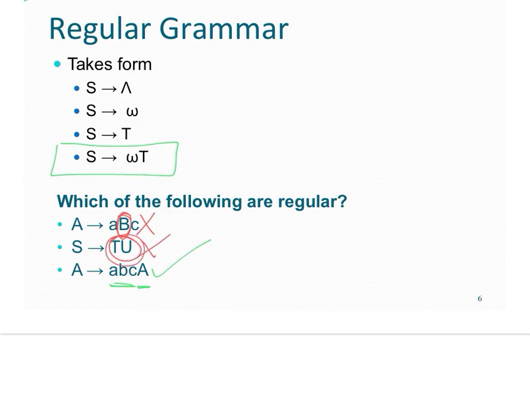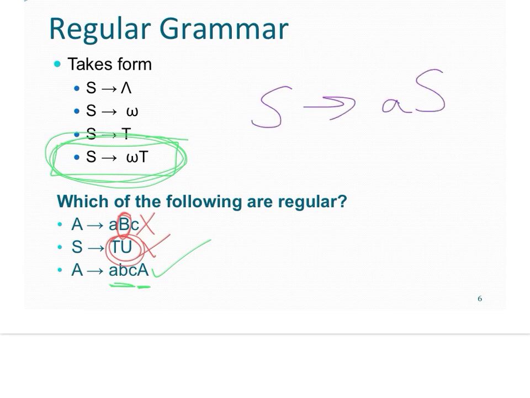Now, one thing I just want to clarify about this last rule is it's okay to have something of the form S goes to, say, AS. There's nothing in our rules that says that S and T cannot be the same non-terminal.